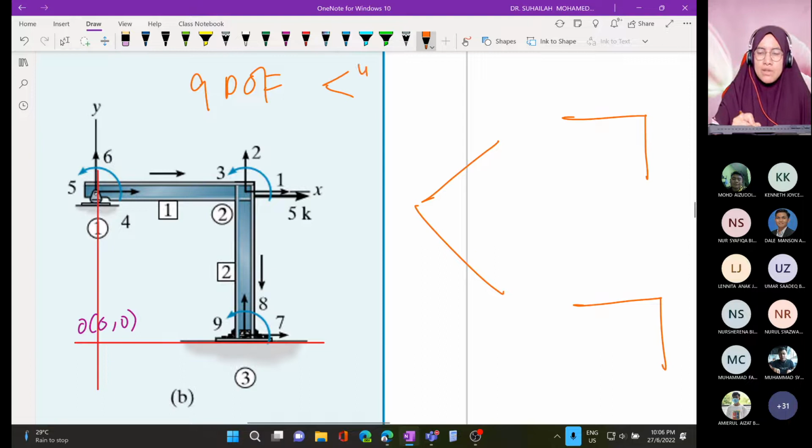Okay, we divide into unconstrained and constrained. Under constraint, how many unknown reactions do we have? We have a roller at node number 1 and fixed at node number 3.